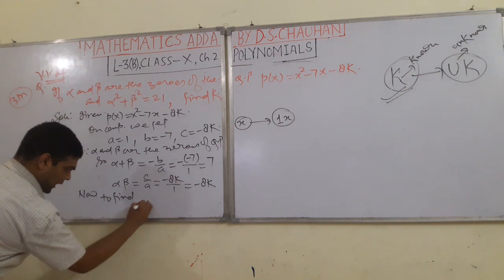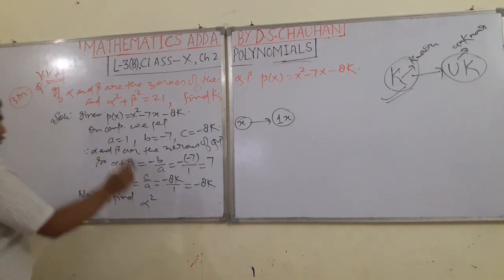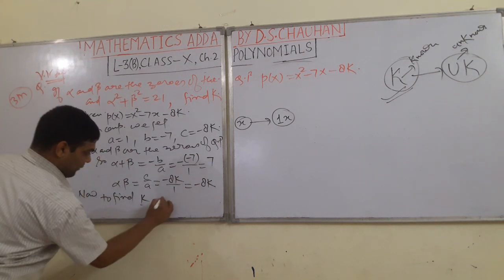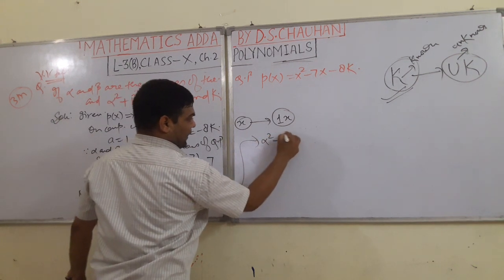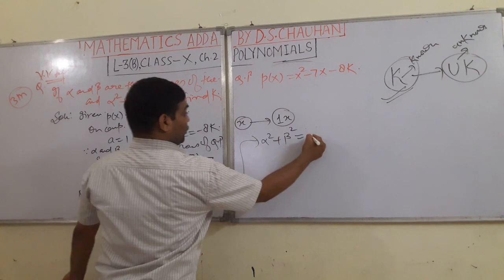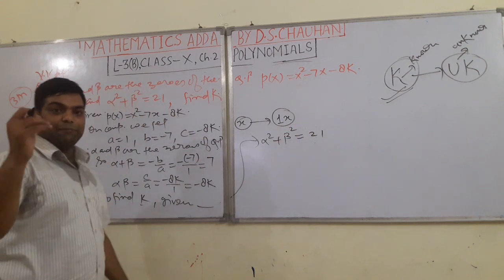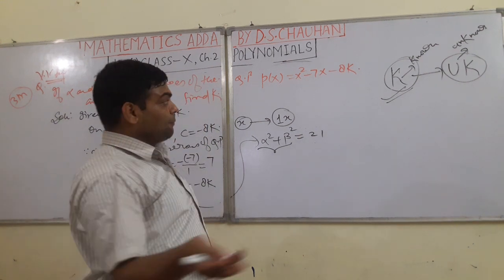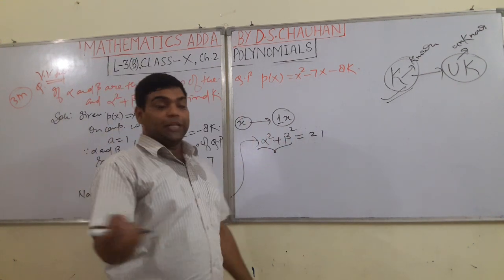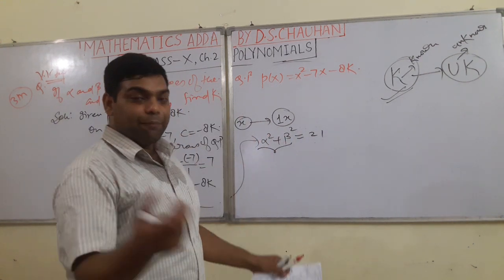Now to find k, that is the unknown thing, what is given here, student? Look, alpha square plus beta square equal to 21. Suppose I am saying find the value of alpha square plus beta square. You have seen in question number 2 how we find alpha square plus beta square.